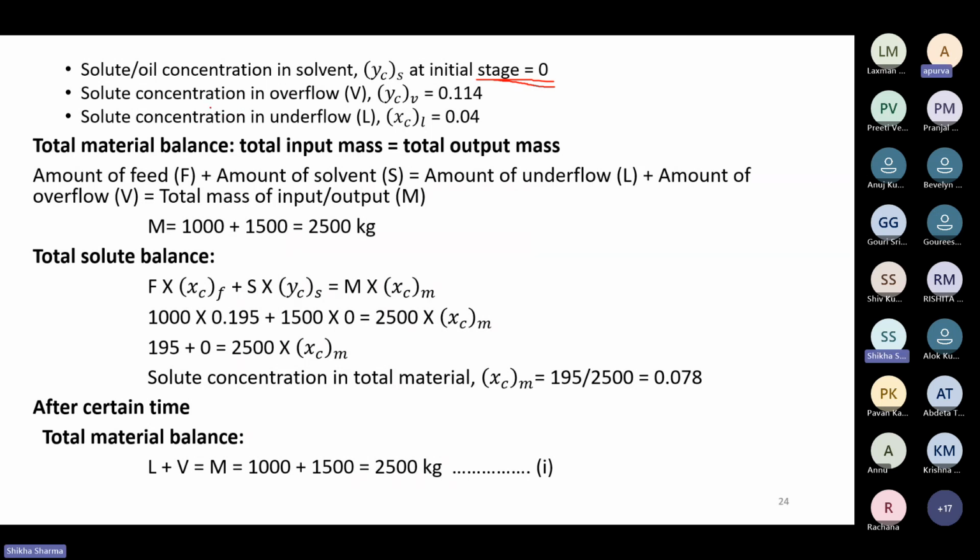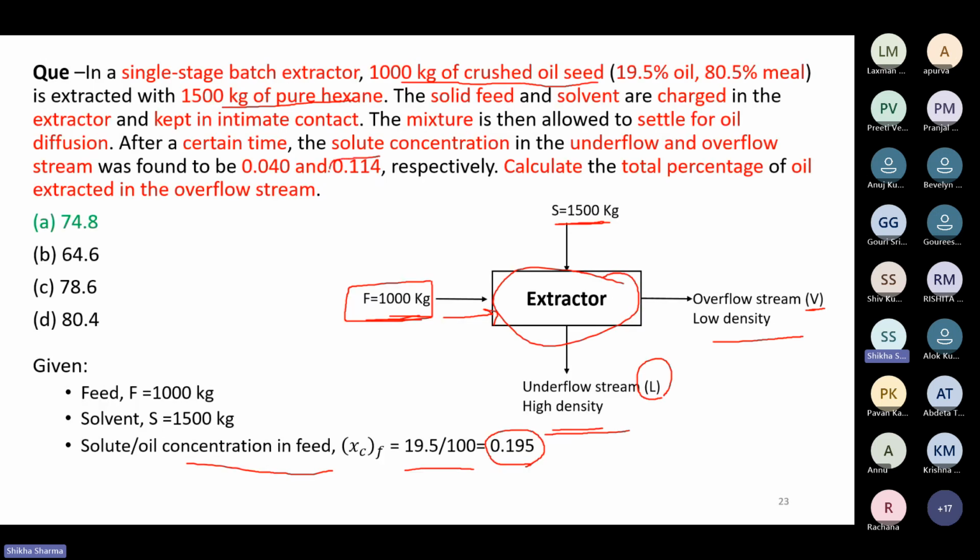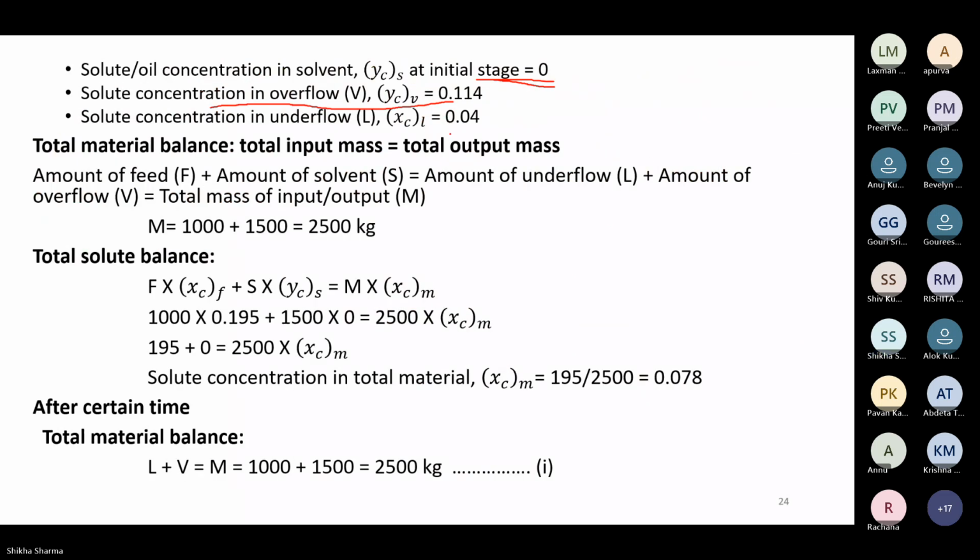Then the solute concentration in the overflow stream is given as 0.114 in the question, and in the underflow it's 0.04. Its amount we suppose as L, and for overflow it's V.